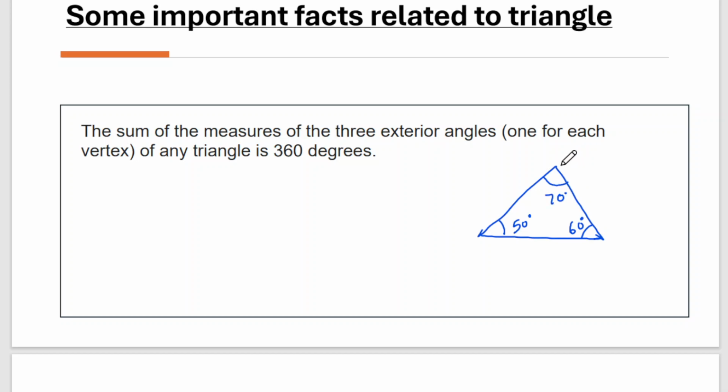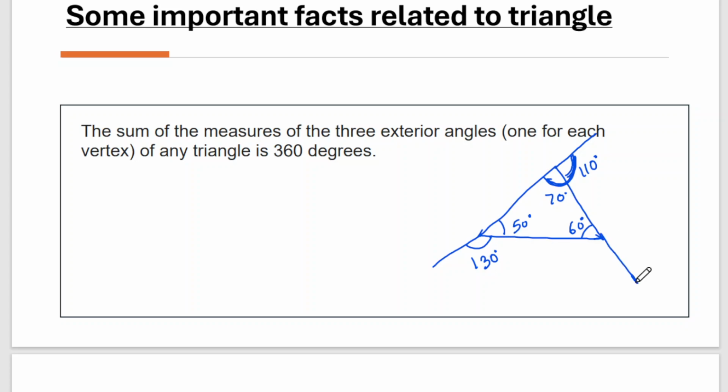Now if I ask you what is the value of this, you will say, sir, 180 minus 70, this is 110 degrees, because the complete angle is 180 degrees. So I got this value as 110 degrees. If I ask you what is the value of this, you will say 50 degrees will be subtracted from 180 and that will give you 130 degrees.